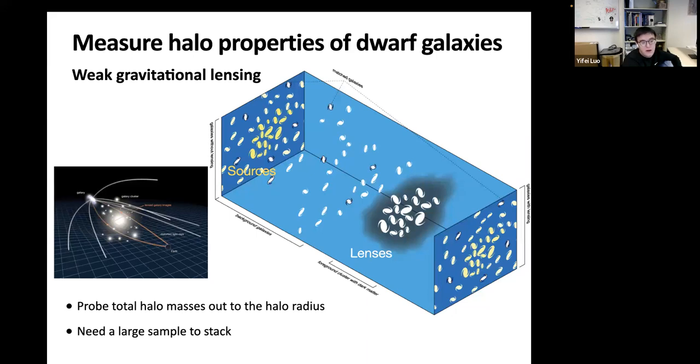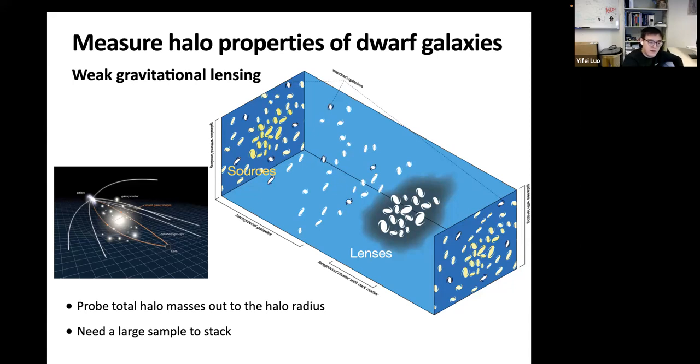We know the light from background galaxies, when it passes a mass, a galaxy or galaxy cluster, or basically any kind of mass, can be bent or distorted by that mass.